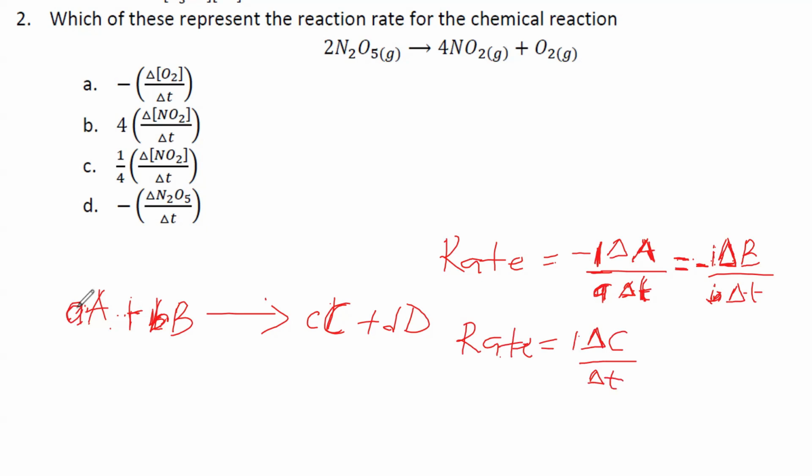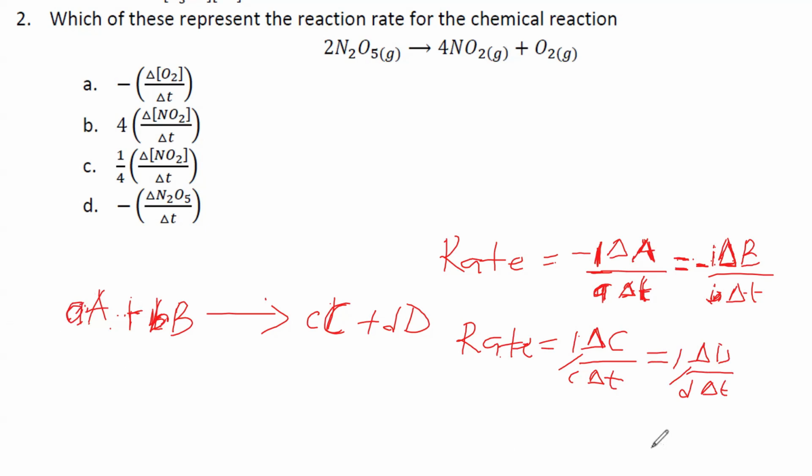And we have c molecules of C, so we have 1 over c. Or you can measure the rate of the reaction by D, that is change in D with time, and you have d molecules of D, so it's going to be 1 over d. So you can measure the rate of the reaction by just considering one of the reactants or one of the products with time. So now, let's look at this question and see what the answer will be.